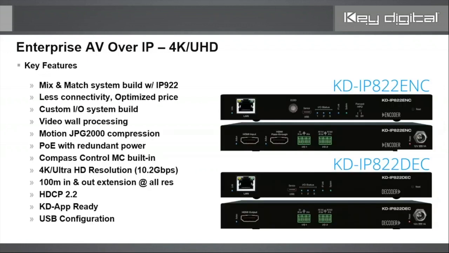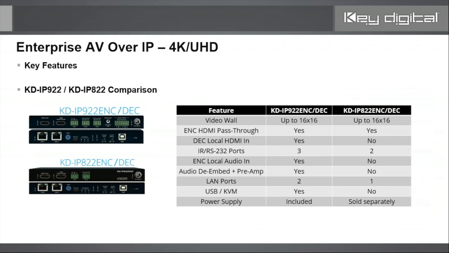Now let's look closely at the 822s, and we won't go into all of the details, but you can see it looks very, very similar, but it just has less connections. Our encoder still has an HDMI pass-through, but there's no USB. There's no dual LAN ports.